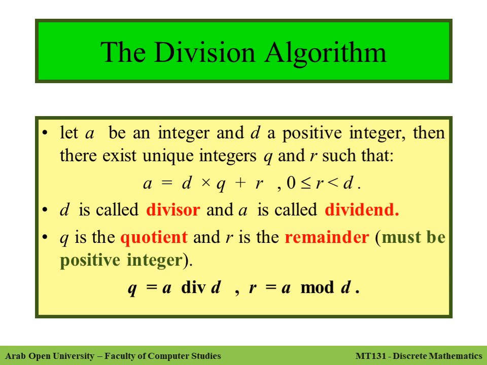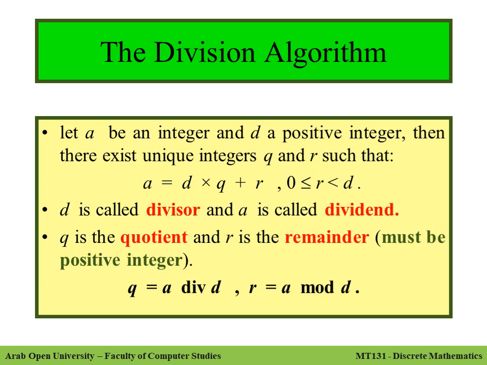So to restate the division algorithm, you can divide any integer by a positive integer. The result will be a quotient and a remainder. And of course, you can always write a as equal to d times the quotient plus the remainder, and you can divide in a way that the remainder is always non-negative, greater than or equal to 0, and less than d.